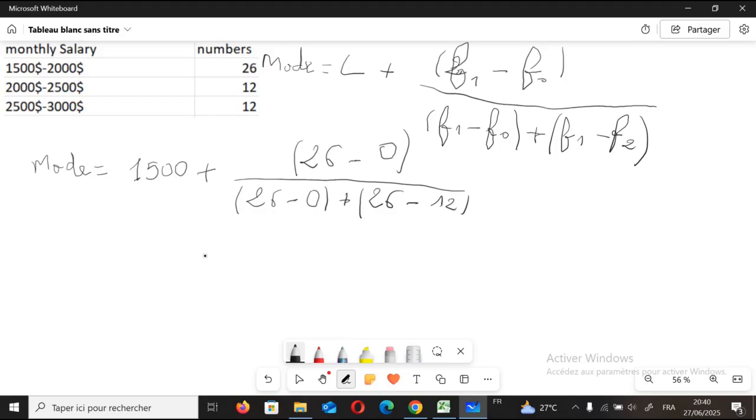Now, the mode we're gonna find is the exact, when we took a sample of this statistical study, the exact most frequent salary that is between 1,500 and 2,000. Let's calculate. It's 1,500 plus 26 minus 12 is 14.